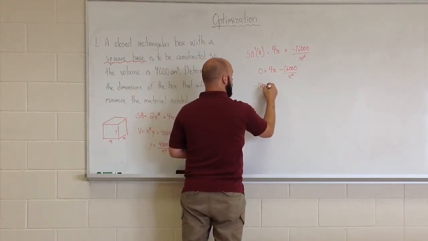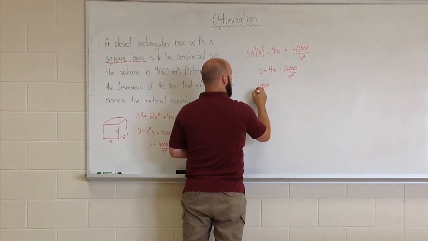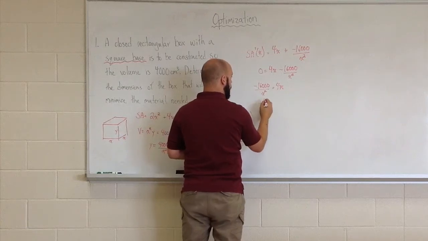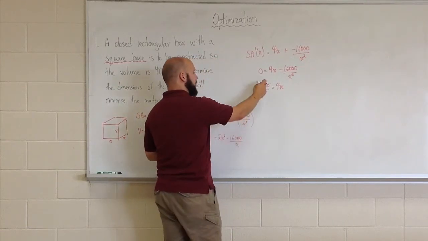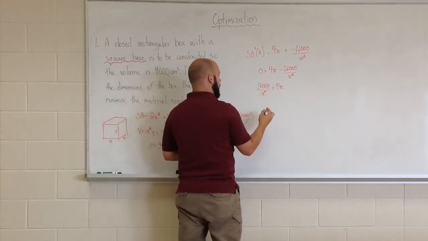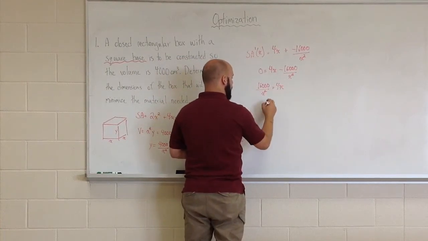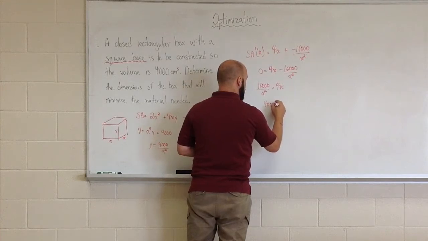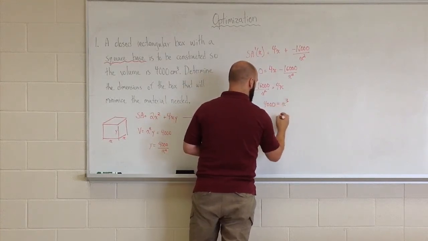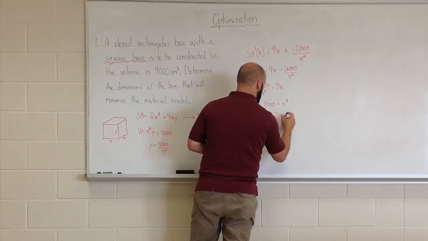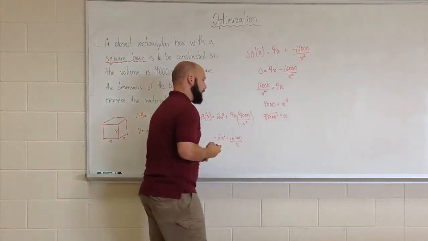Negative 16,000 over x squared equals 4x. Therefore, sorry, this should be positive. 16,000 over x squared equals 4x. Therefore, divide by 4 and multiply by x squared. 4,000 equals x cubed. And the cube root of 4,000 gives us x.